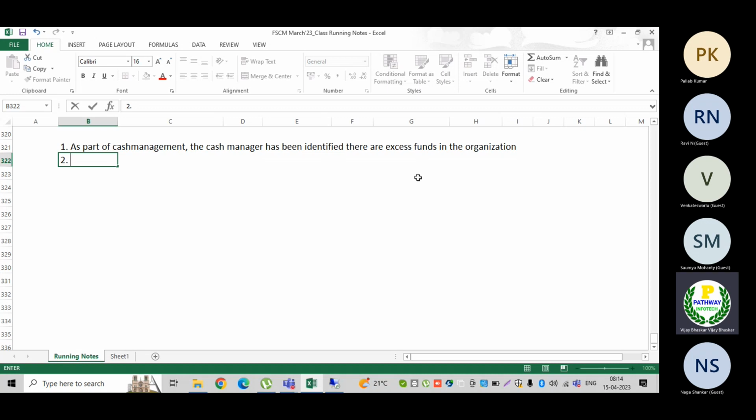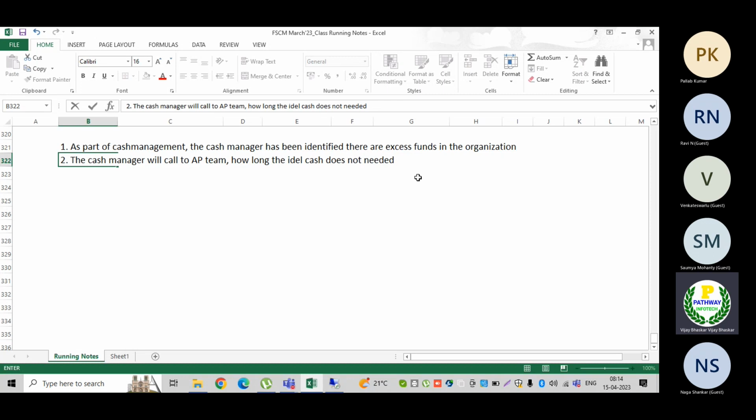The cash manager will call the accounts payable team and discuss how long the idle cash is not needed.